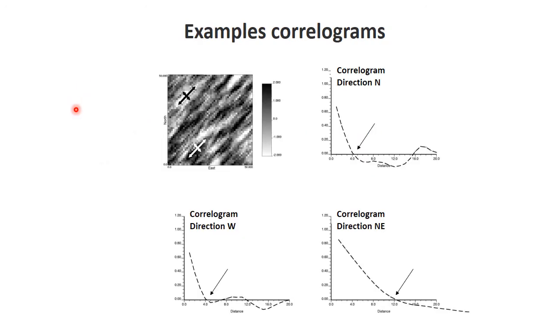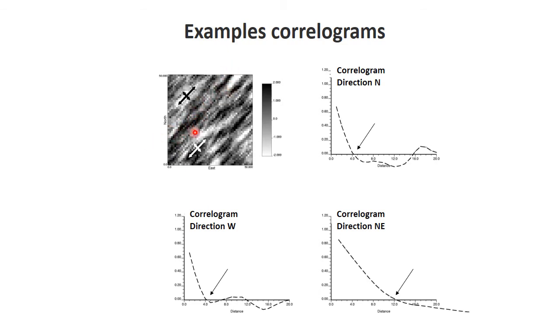Okay, so now I can start doing this for various directions. Here are various correlograms for various directions: a correlogram in the north direction, in the west direction, and this one in the northeast direction. Because of the nature of this image, we notice much more correlation length.